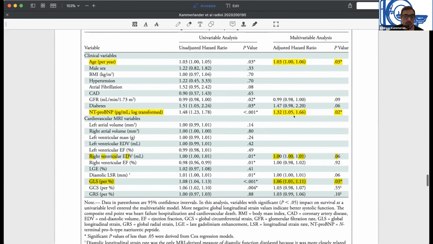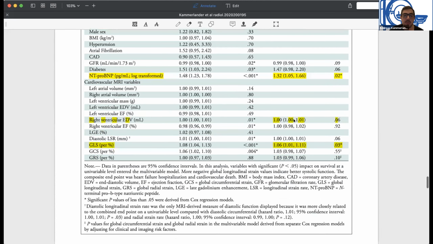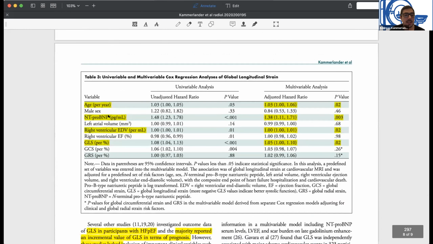So this was the first adjustment set, and then the second one was a predefined one where we see the same result, but only here the RV size made it into the final model. But here age, NT-proBNP values, RV size, and global longitudinal strain have a significant impact on outcome.